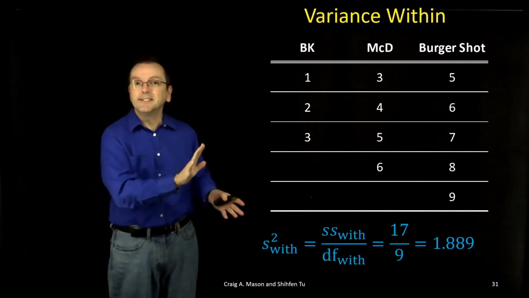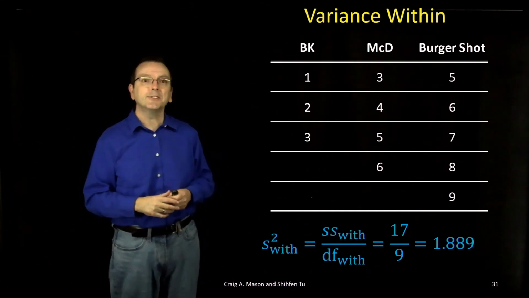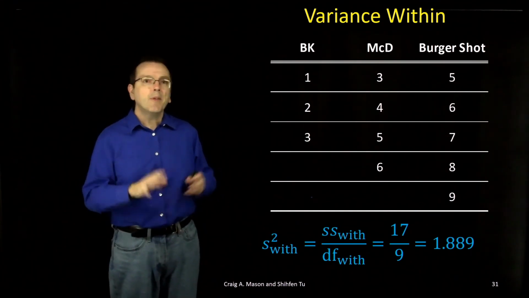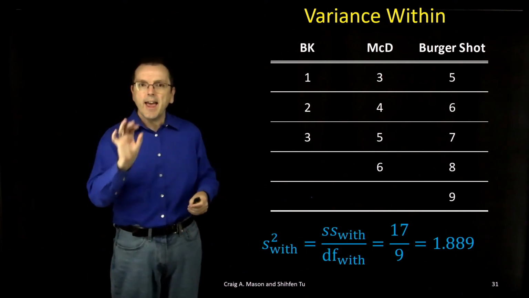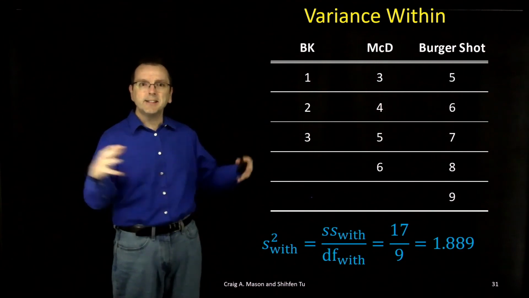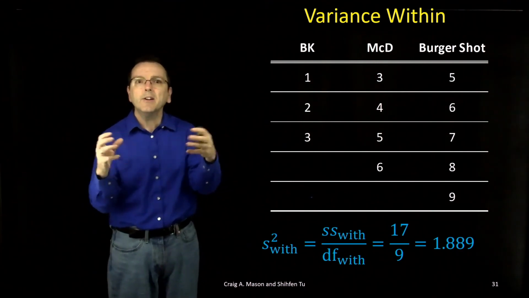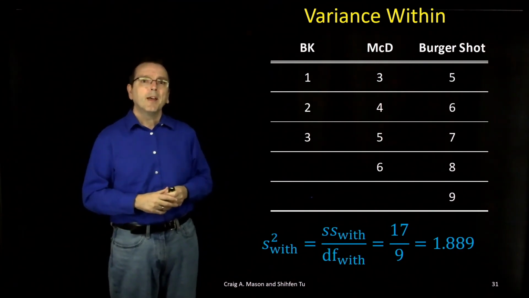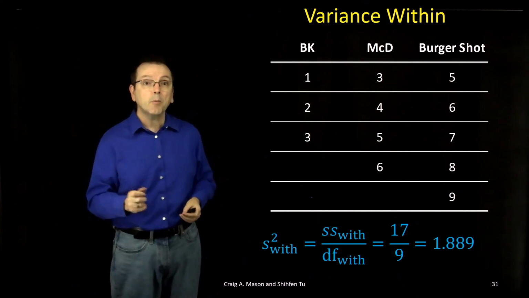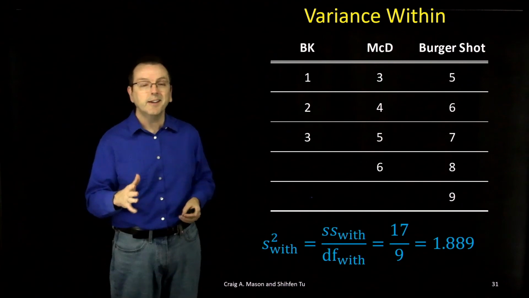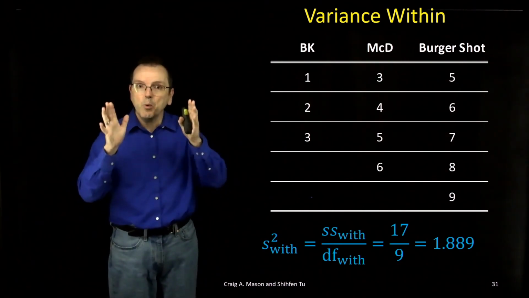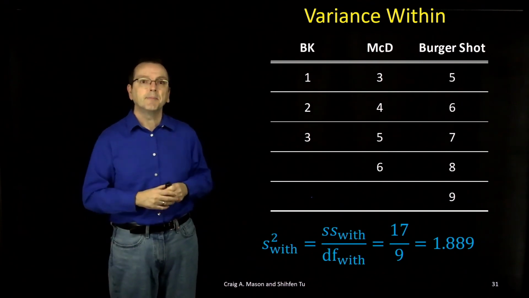Finally, at least in regards to the within group calculations, we calculate our variance within. Now, I like the notation s squared within because I think it ties things together more clearly, right? But you'll also see people refer to this as the mean square within, or MS within. But if you do, it's the same thing. It's the within groups variance.